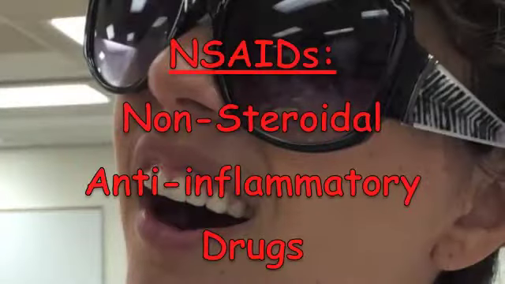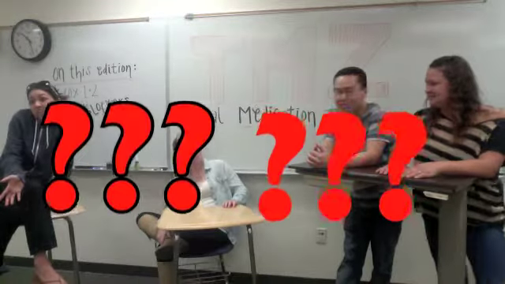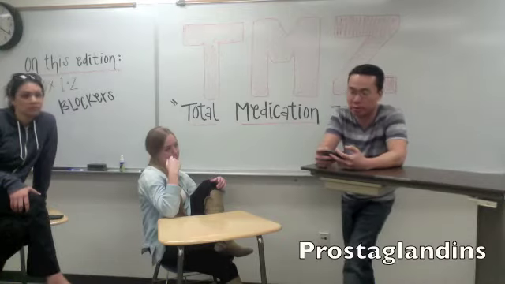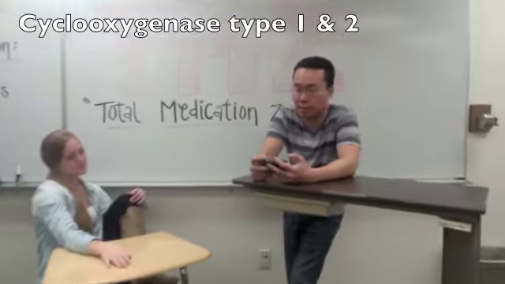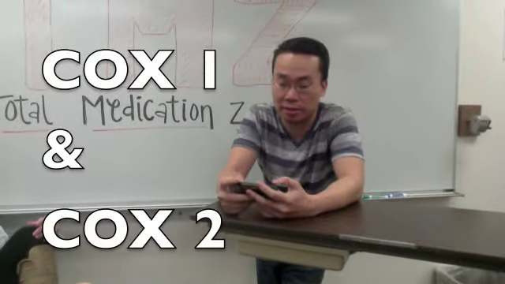Oh, do you have an NSAID? NSAIDs, non-steroidal anti-inflammatory drugs. What's an NSAID? Well, after tissue damage, prostaglandins are formed with the help of two enzymes called cyclooxygenase type 1 and 2, also called COX-1, COX-2.